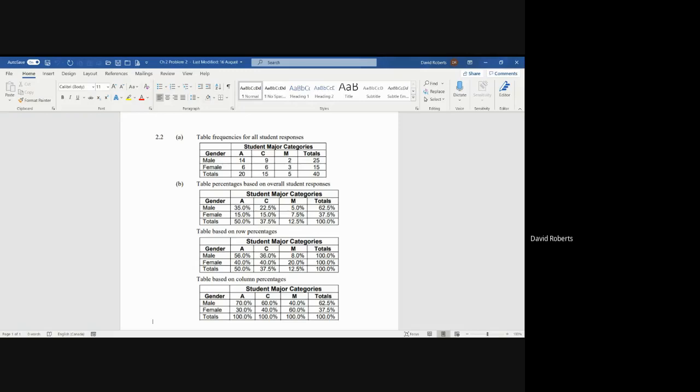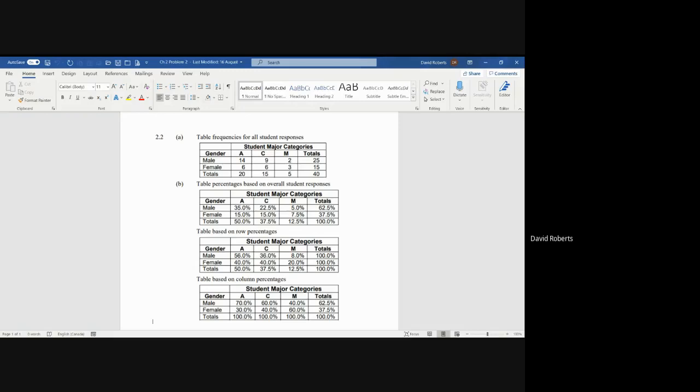On the female side, of all females and only females, 40% are accounting students, 40% are computer students, and 20% are marketing. So if you met a female in the hallway, and these are the only 3 majors, there's a 40% chance she's accounting, 40% chance computers, and only a 20% chance marketing.